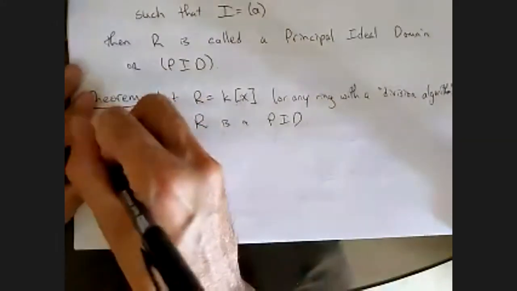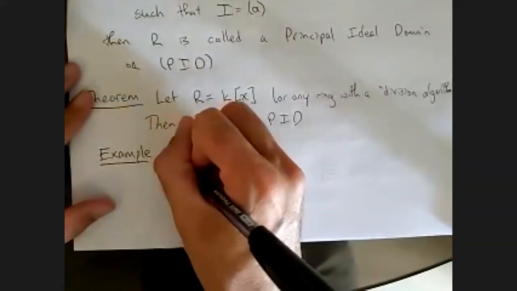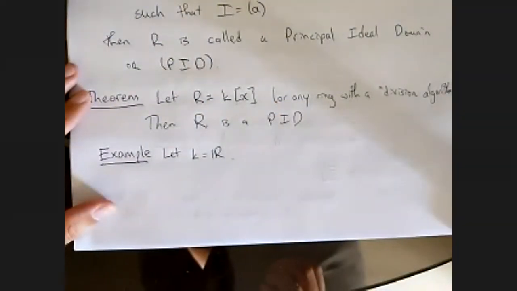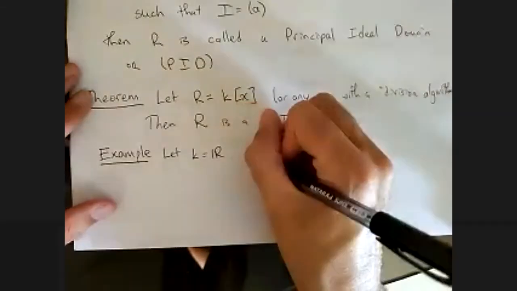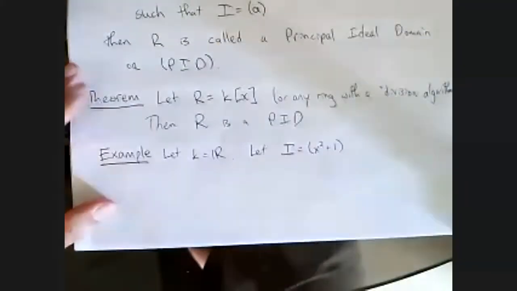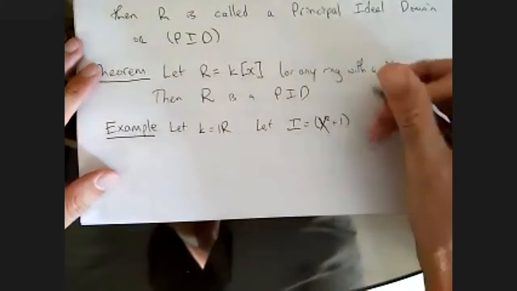Okay, so let's do an example. Let K be the real numbers. Let I be the ideal generated by x squared plus 1. Let's do capital X, just for some reason.